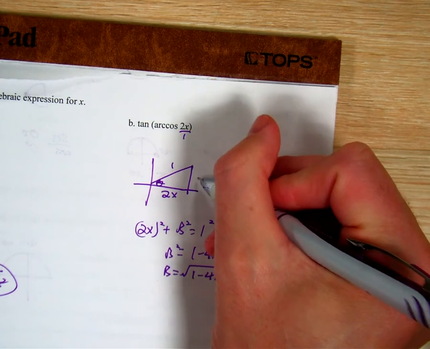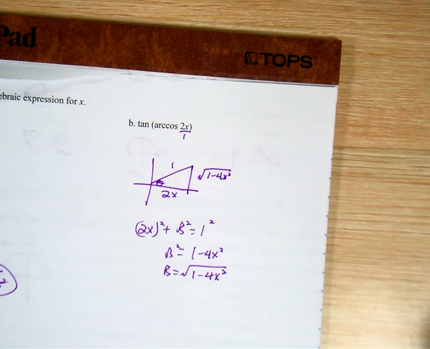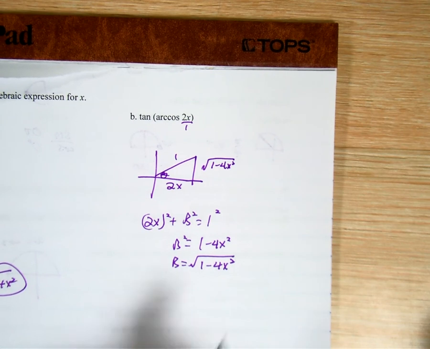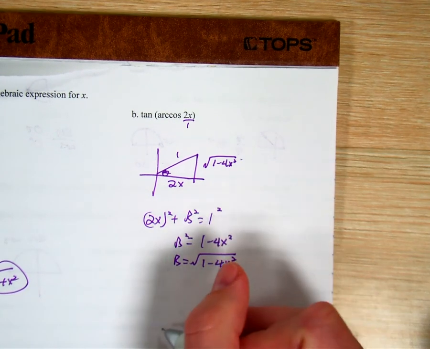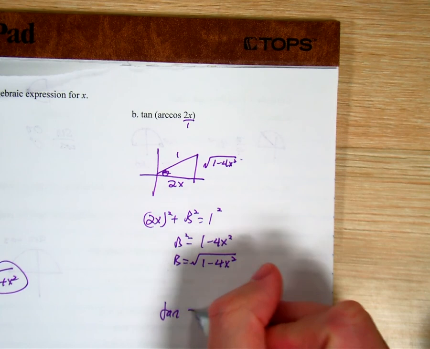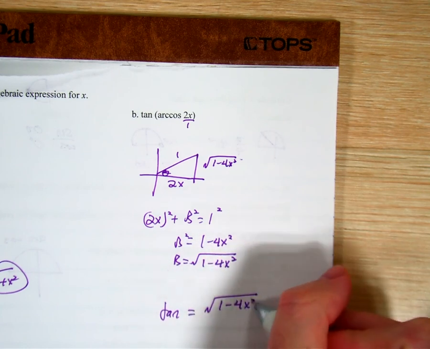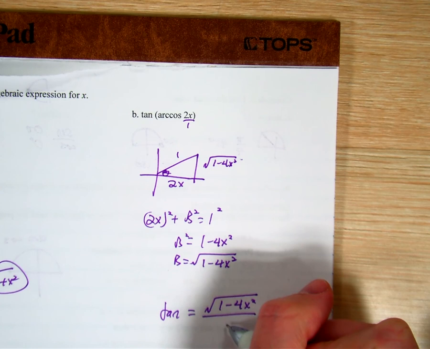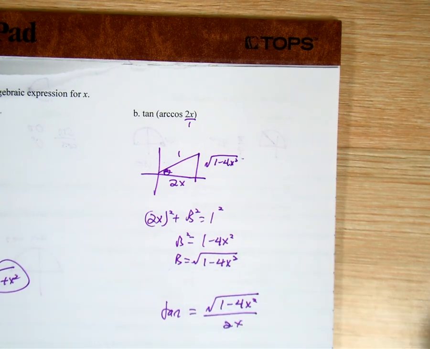So then this other side here is the square root of 1 minus 4x squared. And then now tangent is opposite over adjacent, over 2x. All right. There we go, folks.